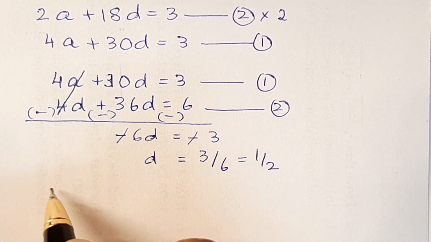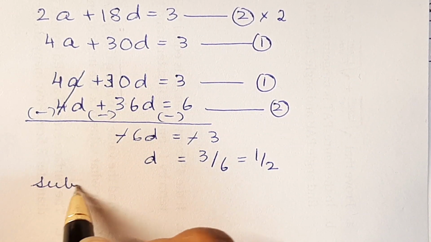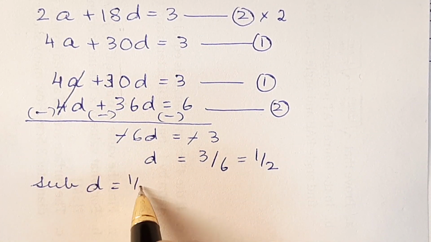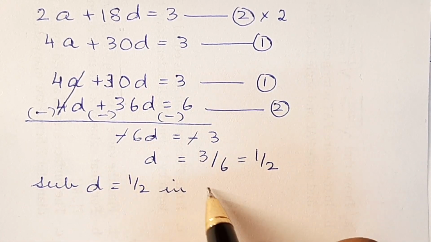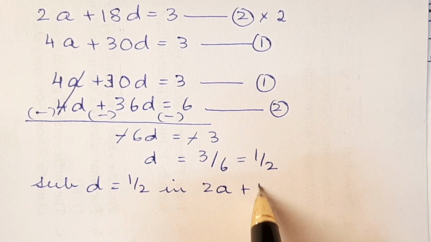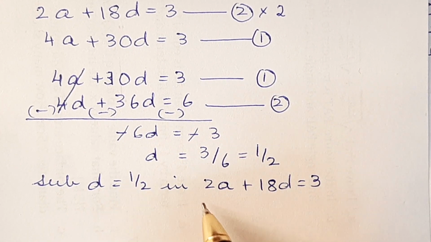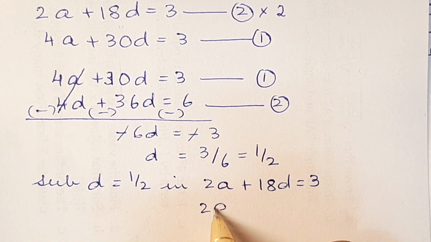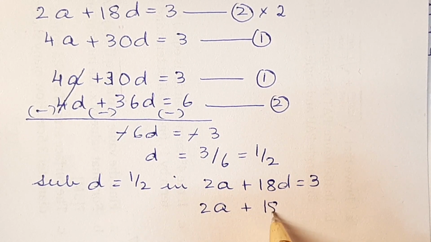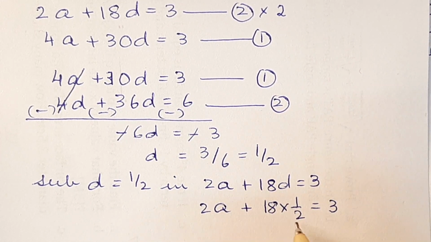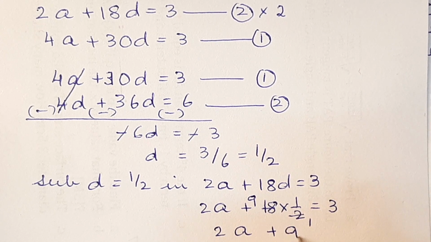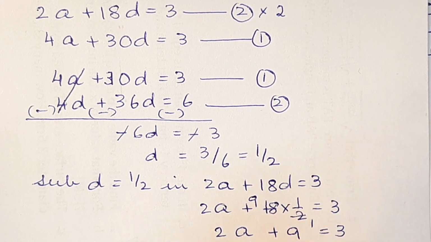So now we will have to substitute d equal to half in 2a plus 18d equal to 3. And so we will have 2a plus 18 multiplied by half is equal to 3. That will give us 2a plus 9 is equal to 3.